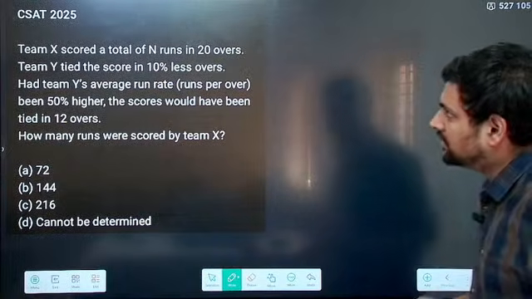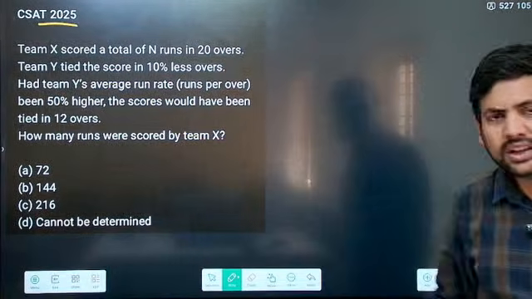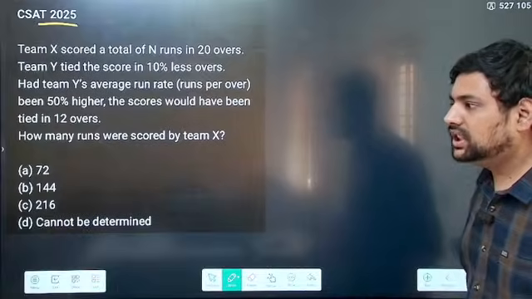Now, do this. This is from 2025. As I had shown you in that graph, in the last 2 years there were three questions.